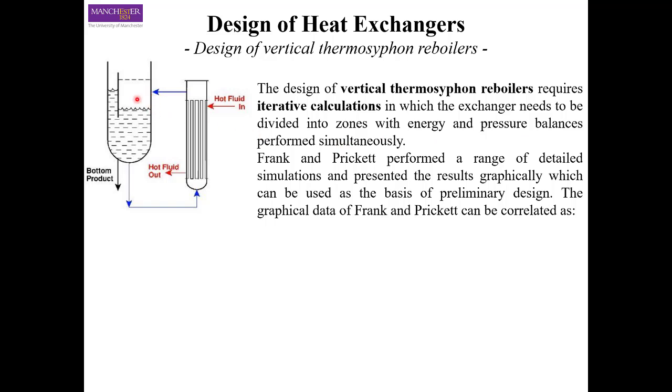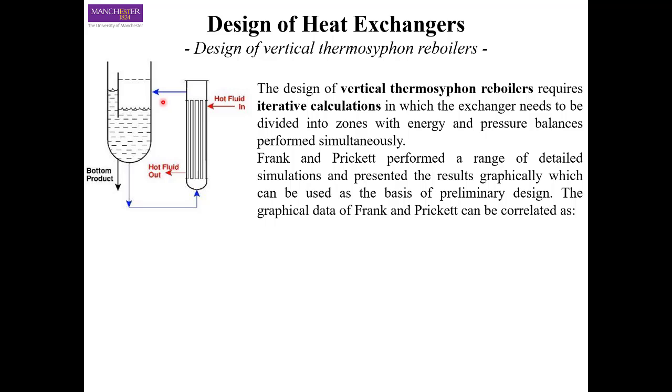Because, as I said, here we have energy balance because the energy is being circulated between the distillation column and the heat exchanger, and by using that heat you are generating vapors. But at the same time, because you are using natural circulation by the density difference between the liquid and the vapor stream, you are using a natural head, velocity head, to generate the circulation. So you have to solve the energy balance and the pressure balance or pressure head equation at the same time.